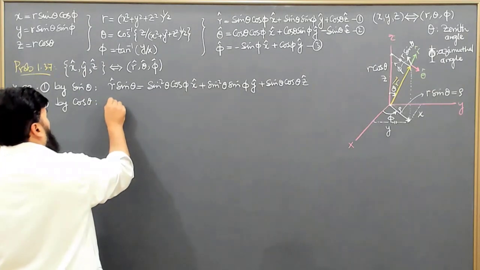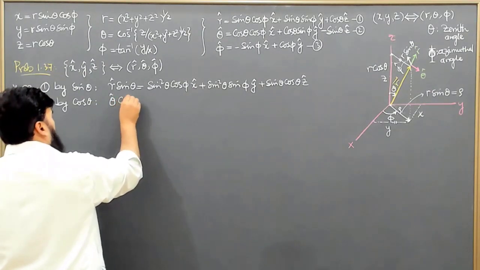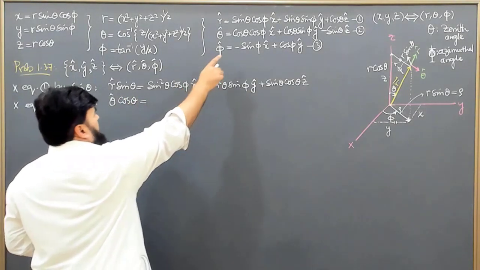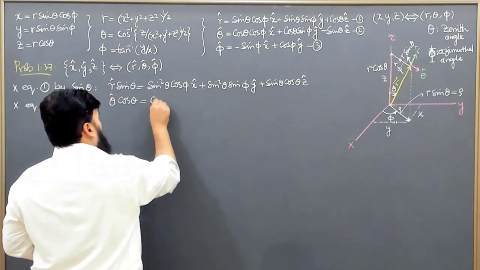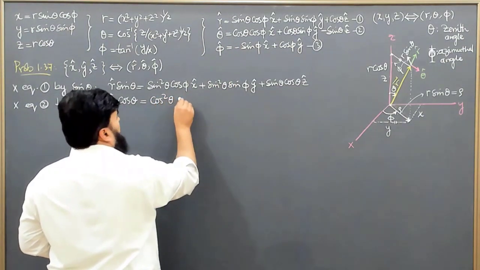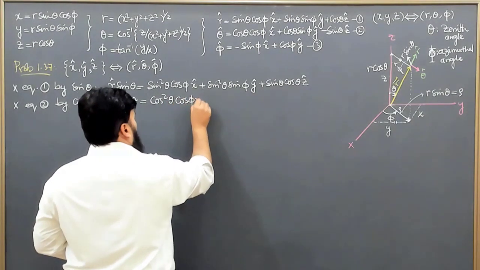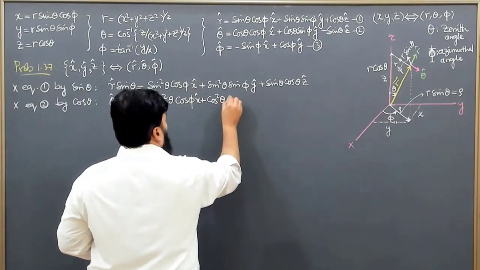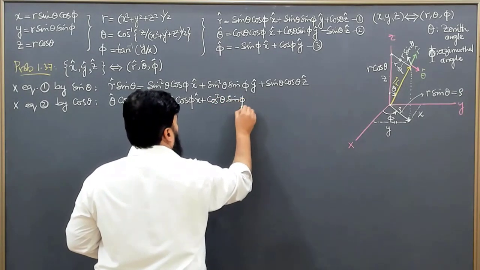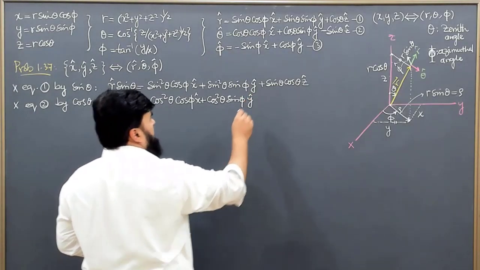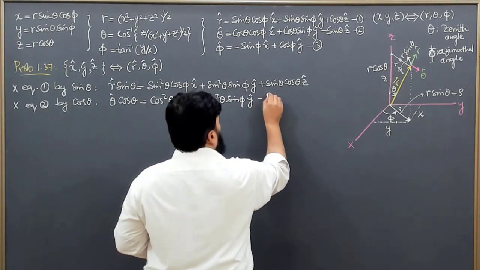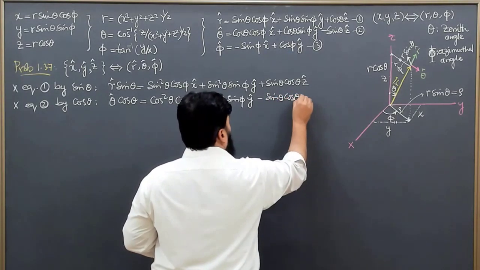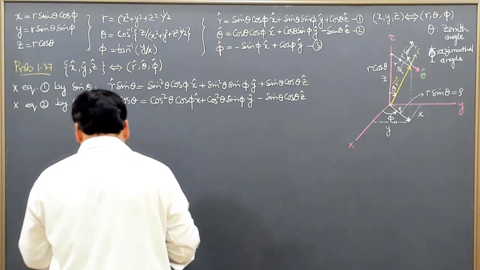So this will be theta unit vector cos theta equals cos square theta cos phi x unit vector plus cos square theta sine phi y unit vector minus sine theta cos theta z unit vector.